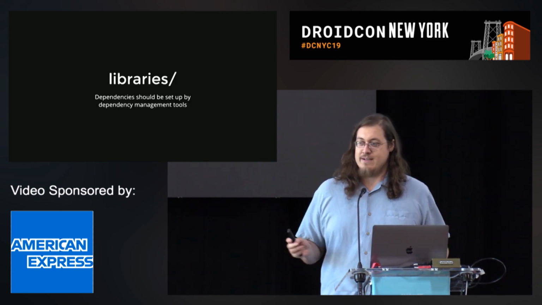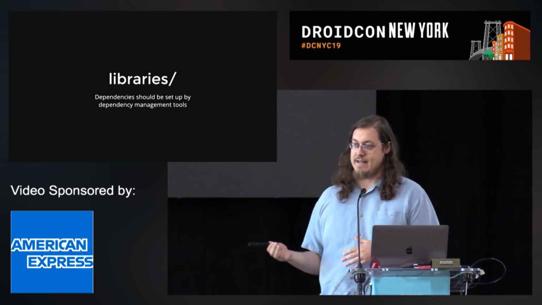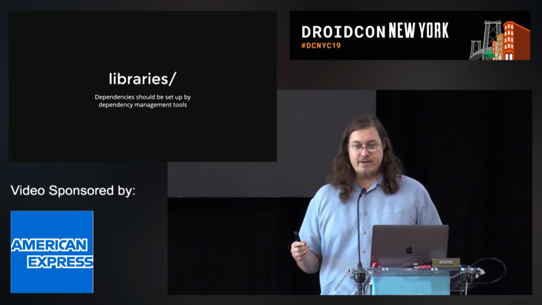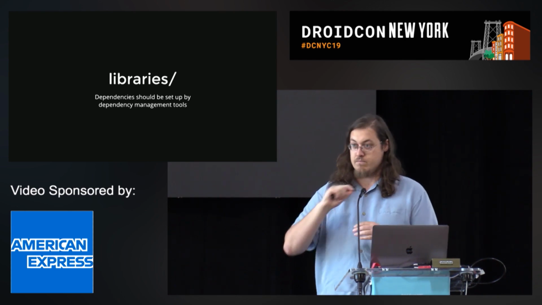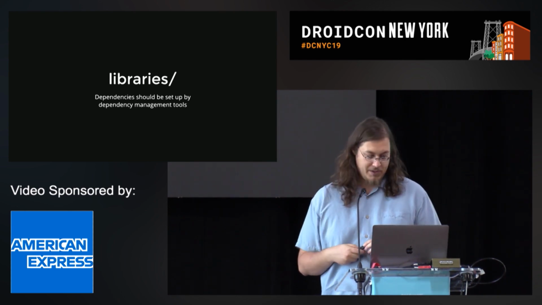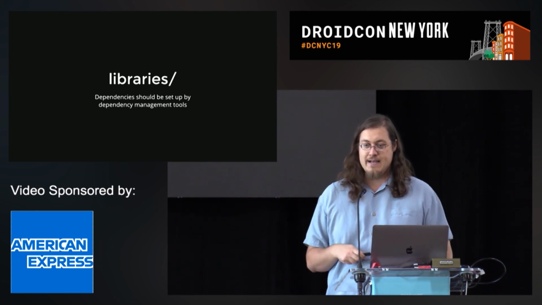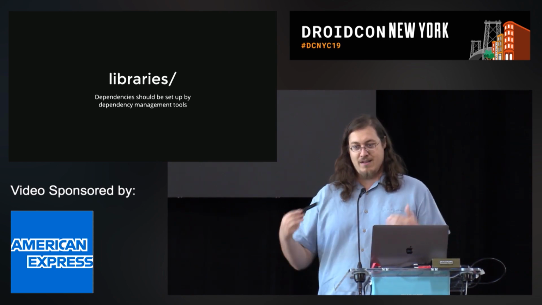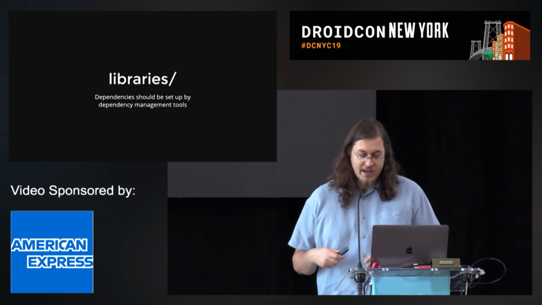There's a folder called libraries, and as you can imagine, this has to do with the libraries that you have in your project. Specifically, it holds a lot of metadata around the libraries and the modules that are in the project and how the IDE represents them to you on the screen and how they're accessible. So this is in the do not include list because in this day and age we have a lot of dependency management tools that are designed to streamline the process of importing code.